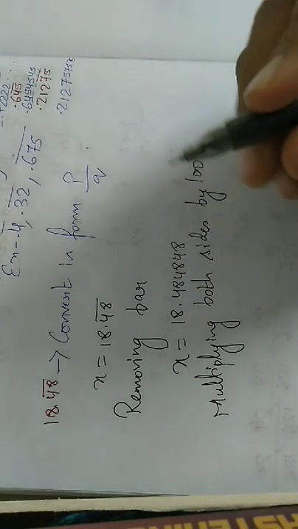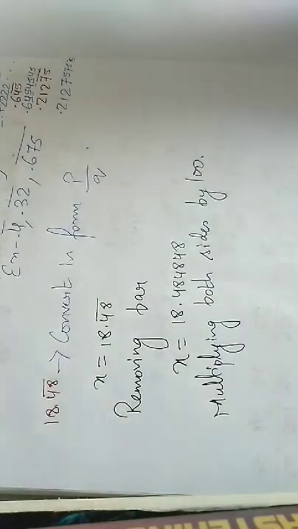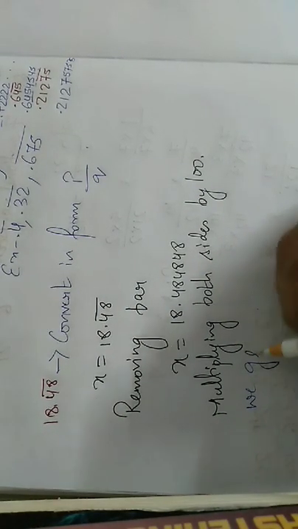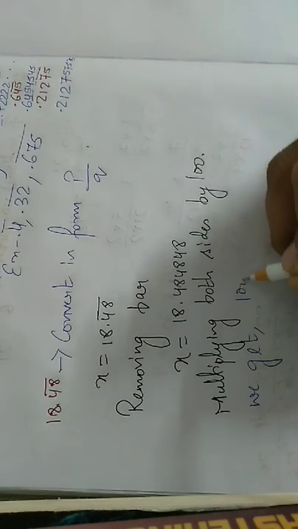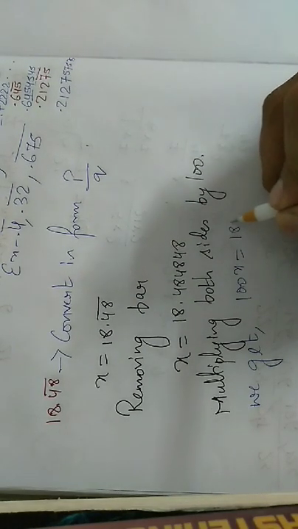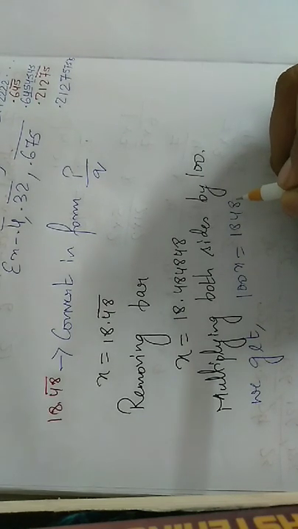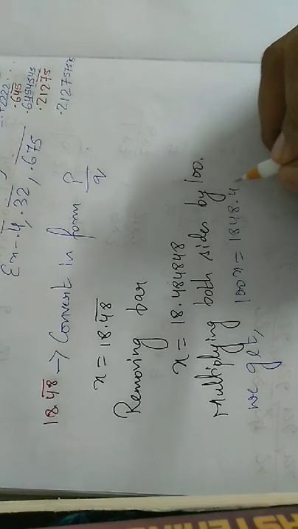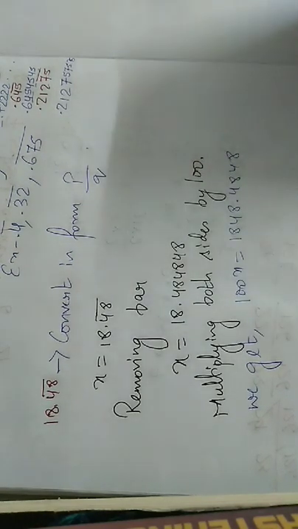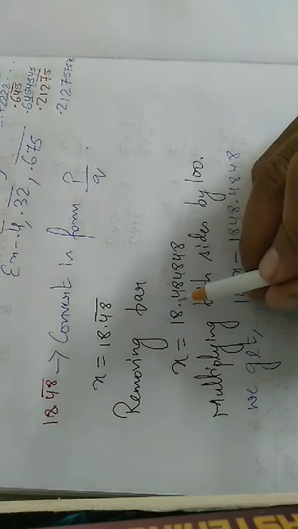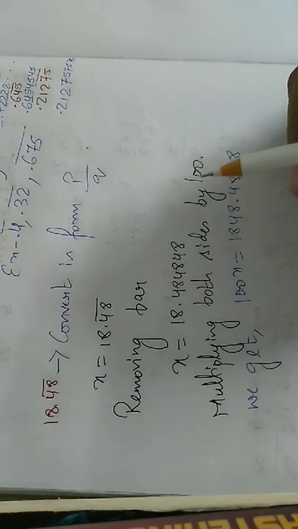So ultimately we need to multiply 100 and then we get 100x is equal to 1848.4848, right? Because if you multiply by 100, the decimals will shift by 2 numbers.